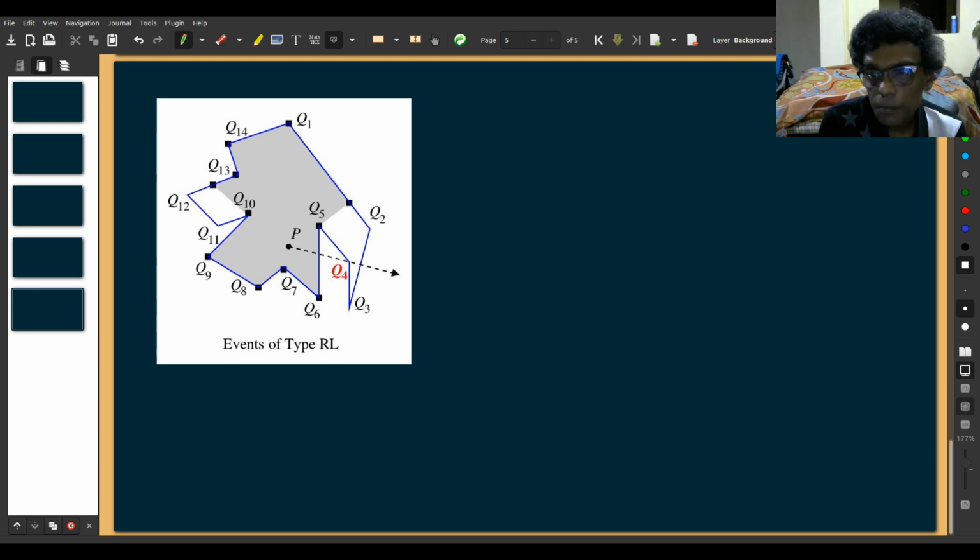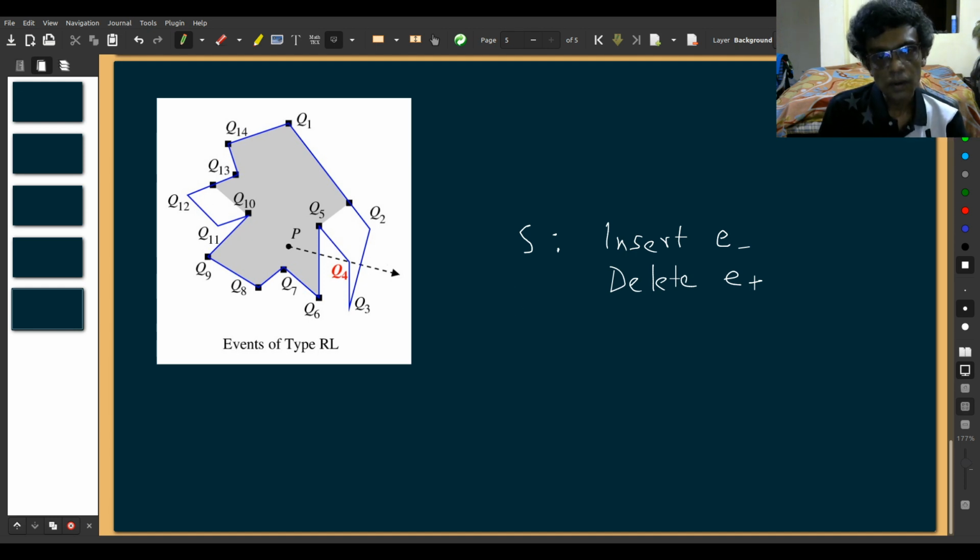So in the sweep line, this is RL. L is leaving, so insert E minus and delete E plus.